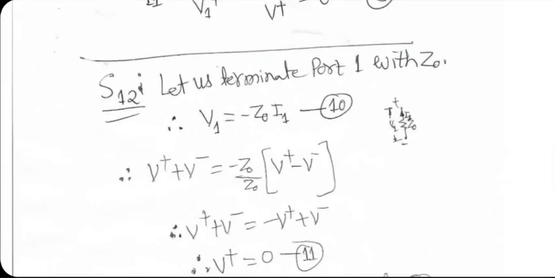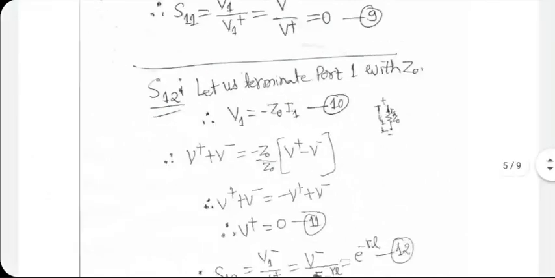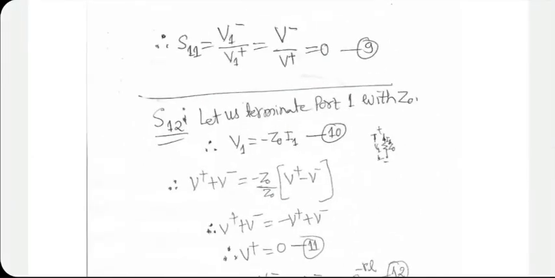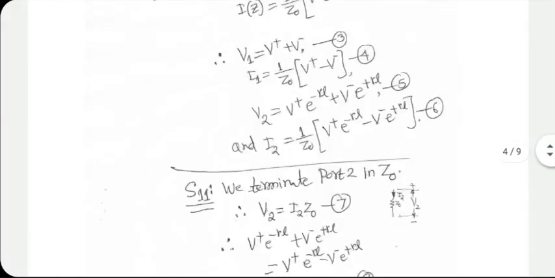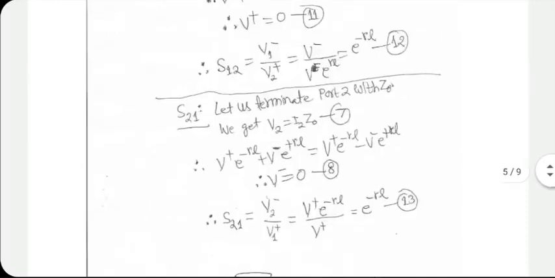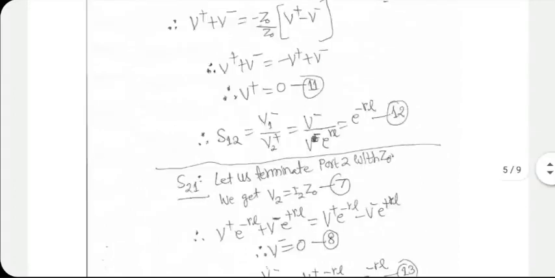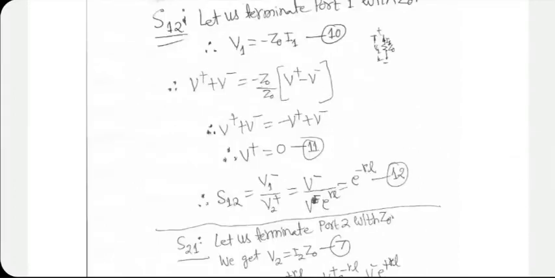And once I do that, I again substitute the values of V1 and I1 from equations 3 and 4. And this time around, I get V plus equal to 0. You can double check once you get the document.